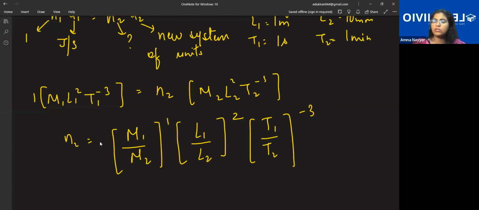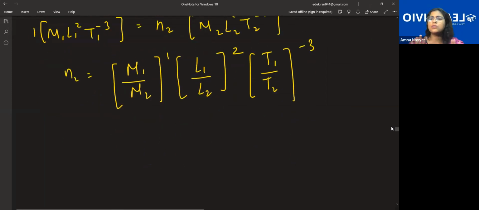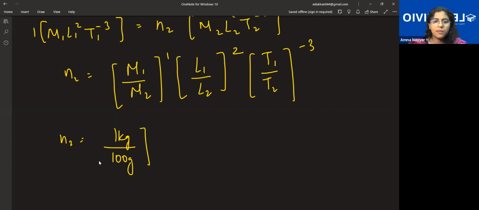Now, before this question, when the system of units was not given, how did we write? We used to write this as 1 kg by 1 gram. But this time we'll be writing it as 100 gram, because this is a different new XYZ system that the question has just given us, so that we can solve it. So to the power 1.